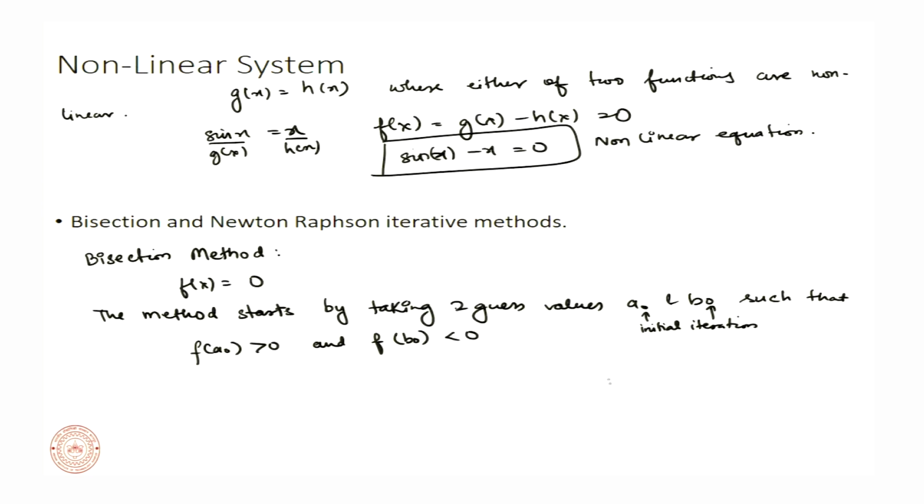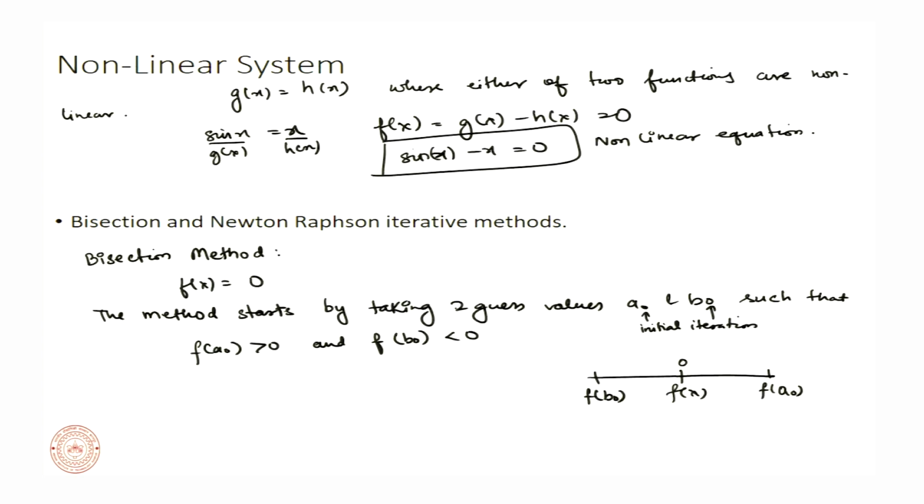So if I draw a line of the different values of f(x) and say this is 0, this value will be our f of a naught and this value will be our f of b naught. So f of a naught is positive and f of b naught is negative.